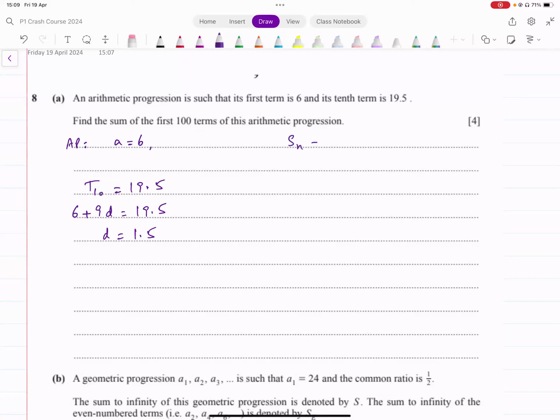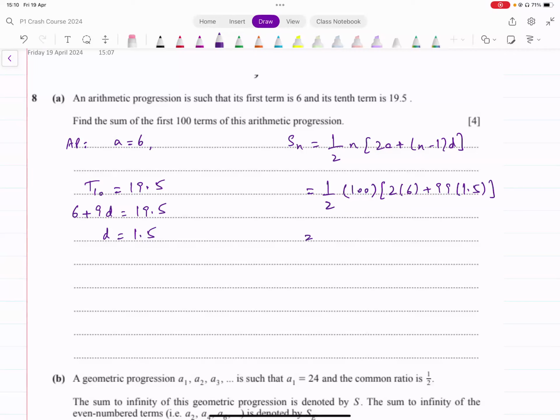Now you need to find the sum of the first 100 terms of the AP. Let's use the sum formula: half into n into 2a plus n minus 1 times the difference. We get 1 over 2 into 100 into 2 times a, which is 6, plus n minus 1, which is 100 minus 1, that means 99, into the difference, 1.5.